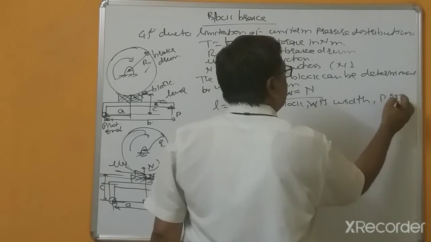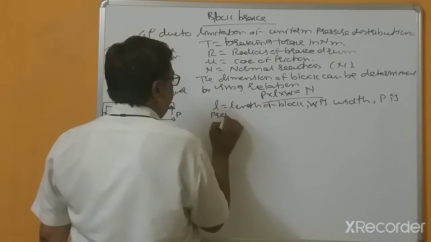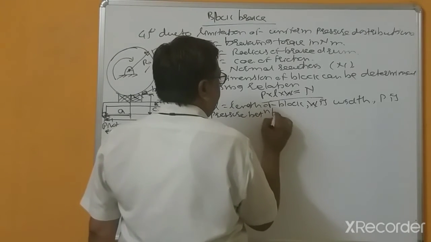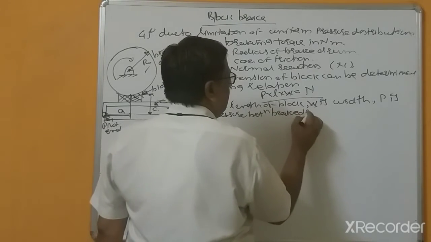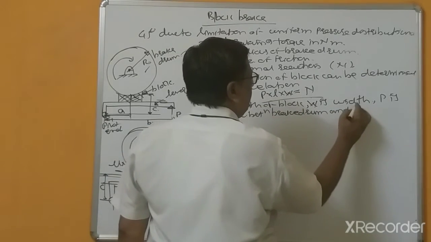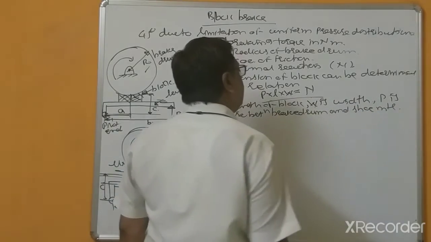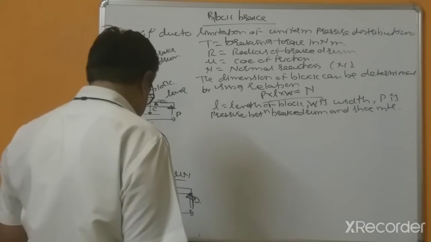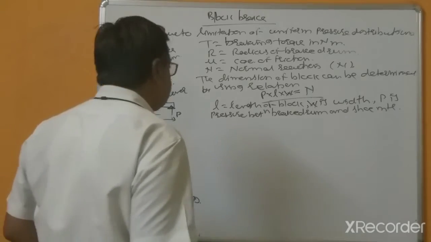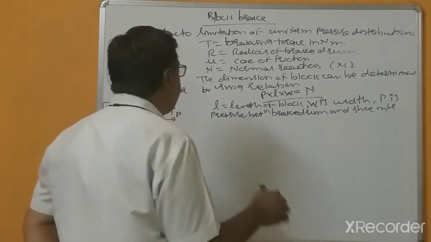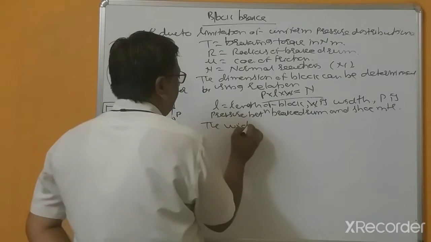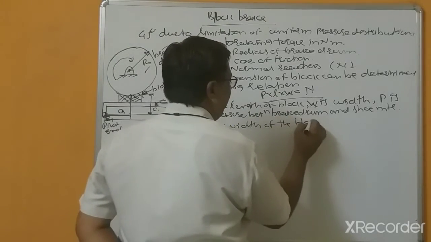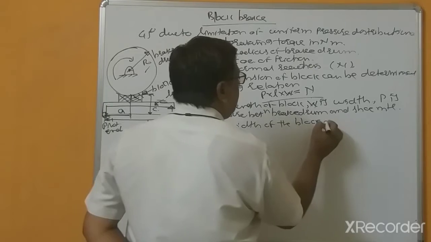P is pressure between brake drum and shoe material. So that's why here, now the width of the block, that is optimum width.